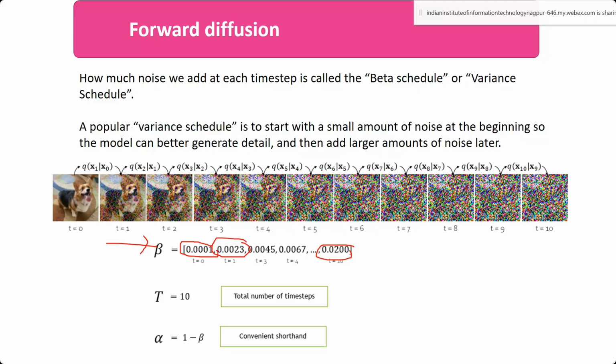But once the images become completely noisy, you don't need to learn the noise patterns, so you can make the image completely noisy. Whatever beta is, this is called the variance schedule. A popular variance schedule is to start with a small amount of noise at the beginning, so the model can better generate detail, and then add a larger amount of noise later.